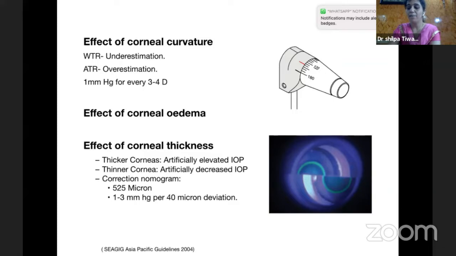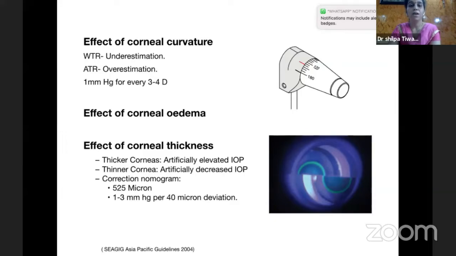To avoid that, over a range of 40 to 49 diopters of corneal curvature, we should align the tonometer prism at 43 degrees to the axis of astigmatism in negative cylinder, which is given as the red mark on the Goldmann applanation prism. There are various studies showing that the effect of corneal curvature reduces to the least when we do this.